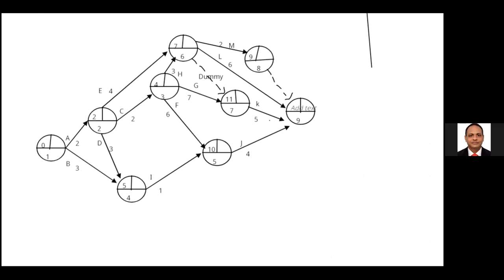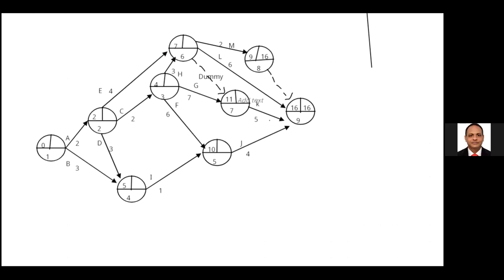We can write down the 16 as the latest completion time. Subtract: 16 minus 0 for event number 8. 16 minus 2, 14. 16 minus 6, 10. 16 minus 5, 11 for the seventh event. 11 minus 0, 11.